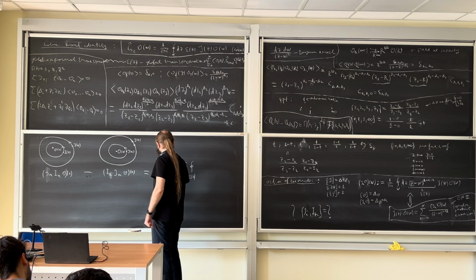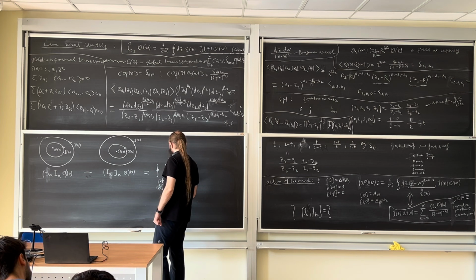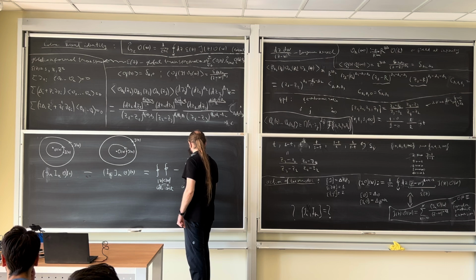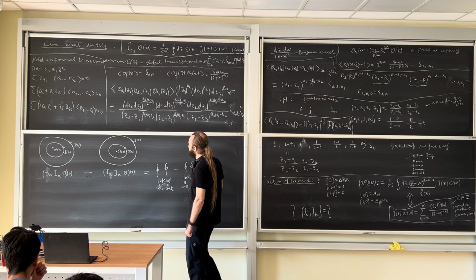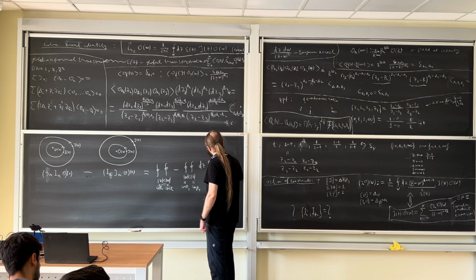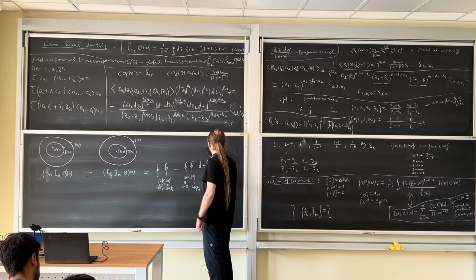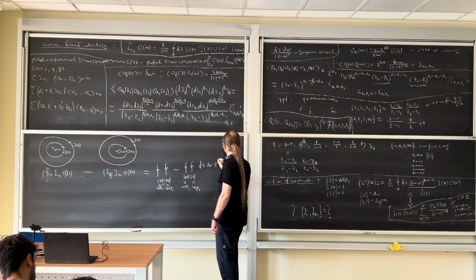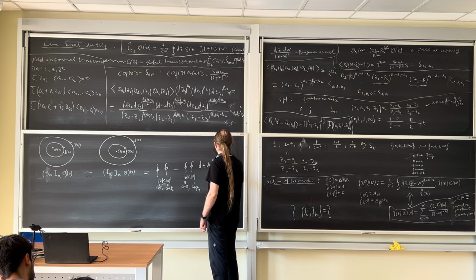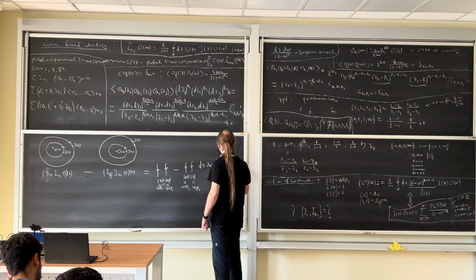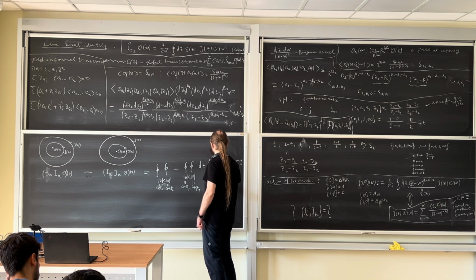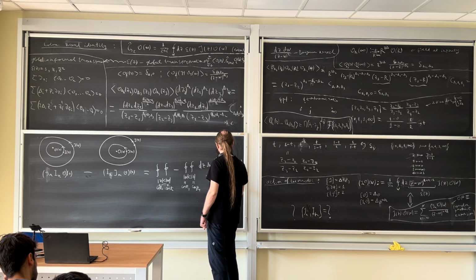So one constant, another constant. And here it is dz dw z to the power delta_I plus n minus 1, w to the power delta_j plus m minus 1, times I of z and j of w, all of 0.